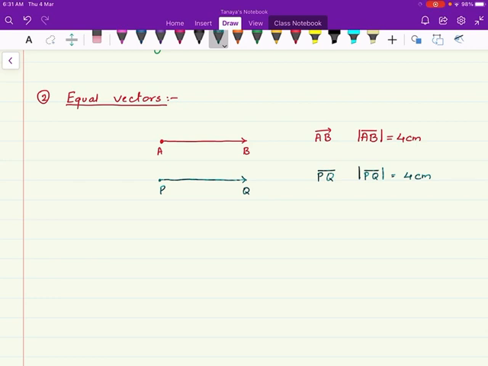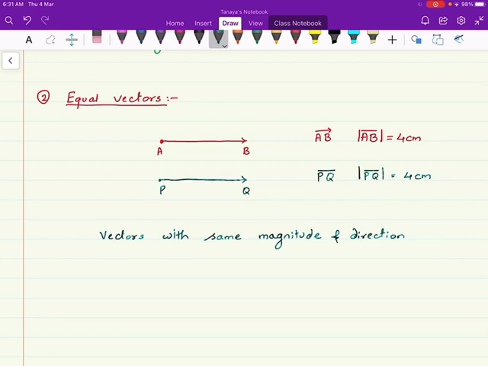So vectors with same magnitude and direction are called equal vectors. If magnitude is the same and direction is different, they will not be equal vectors.